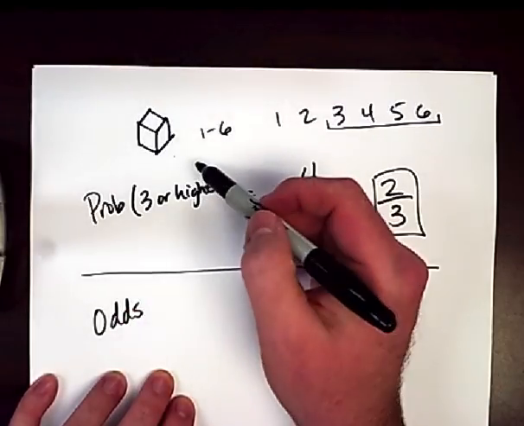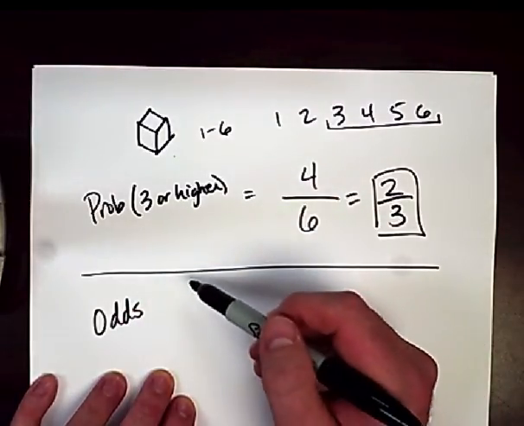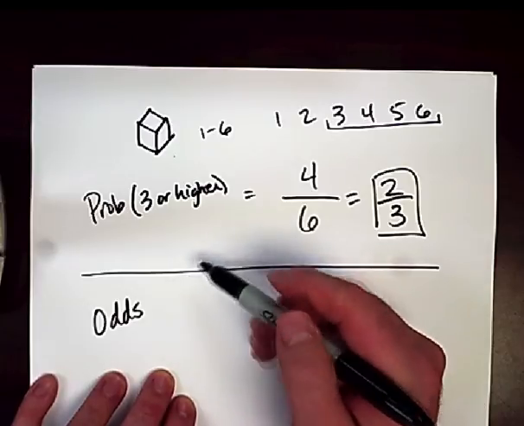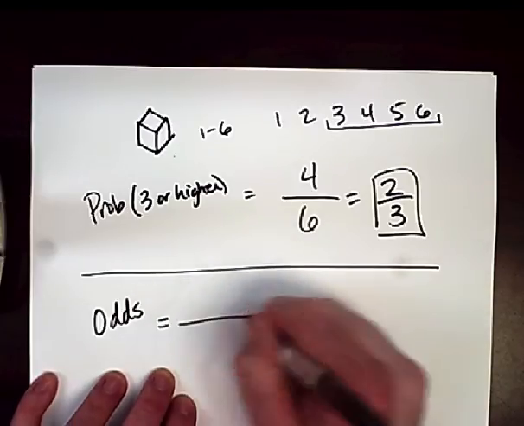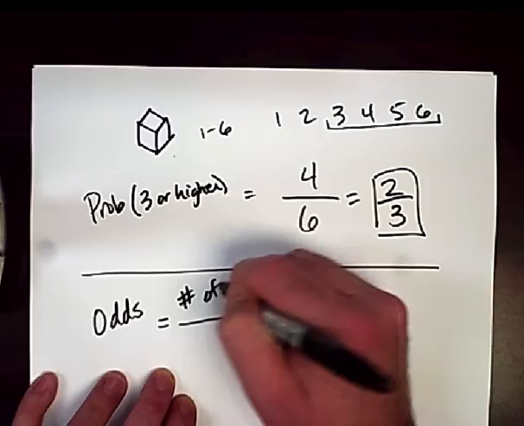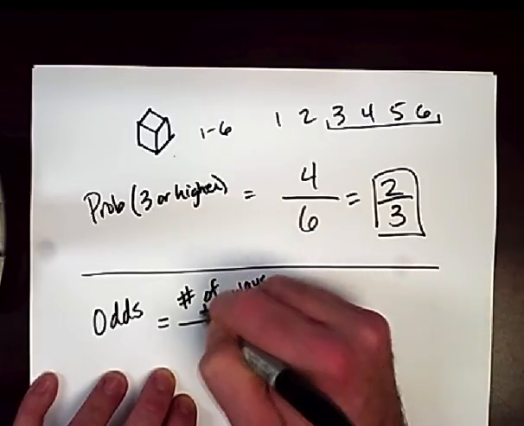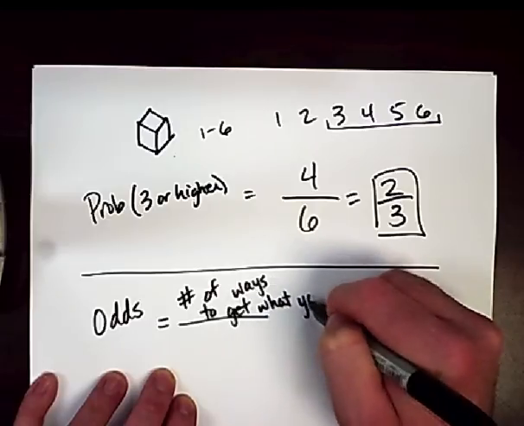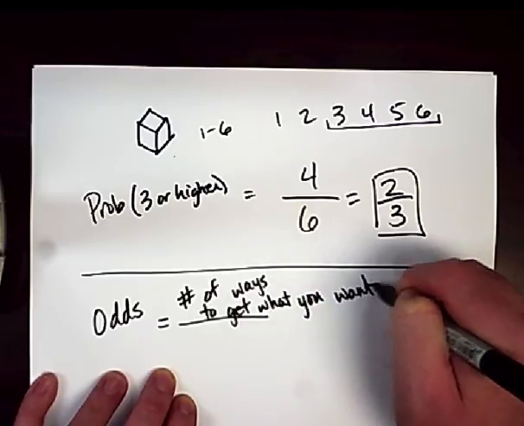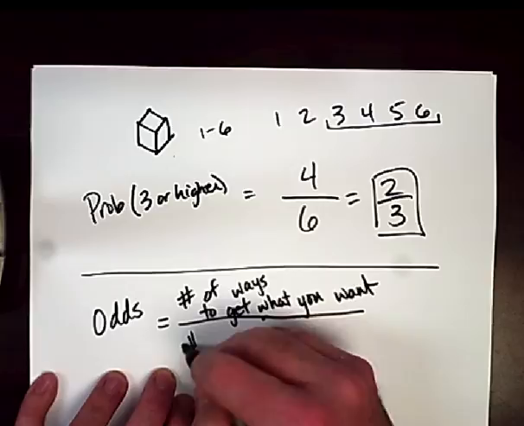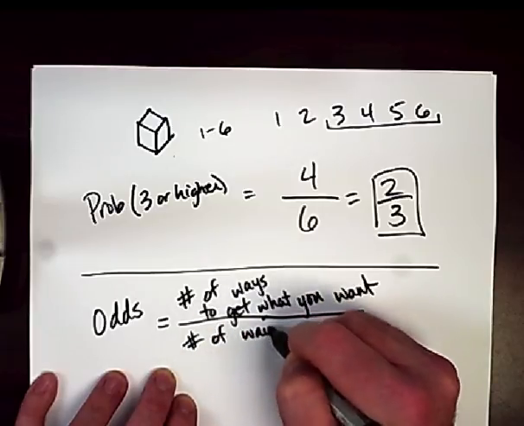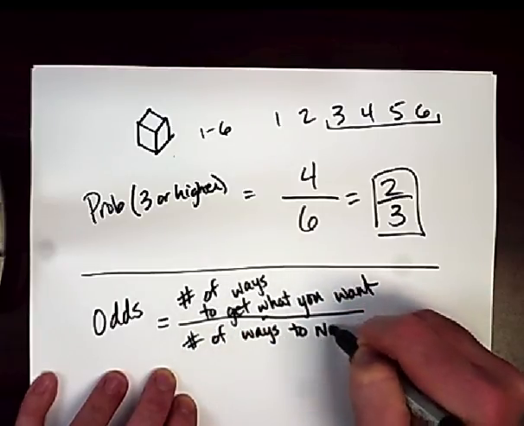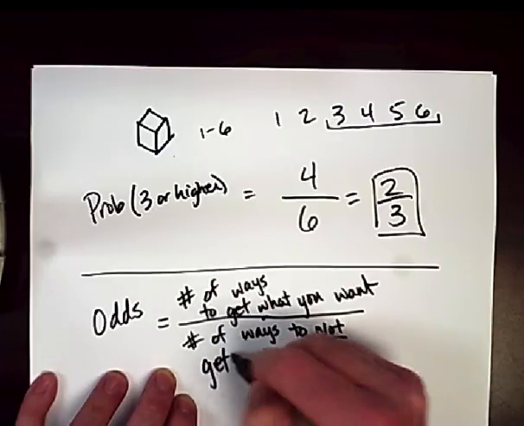Probability is the number of ways to get what you want over the number of total possibilities. Odds are the number of ways to get what you want over the number of ways to not get what you want.